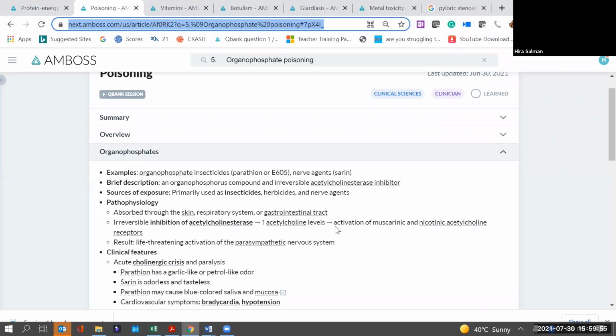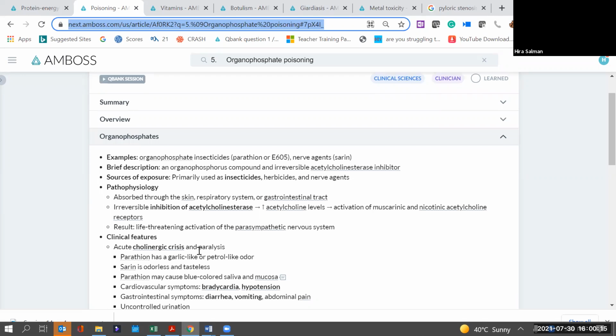Because acetylcholine is the main neurotransmitter for motor activities, there will be activation of muscarinic and nicotinic acetylcholine receptors, and we will see lots of parasympathetic activity in the body. So we can see acute cholinergic crisis. Why?